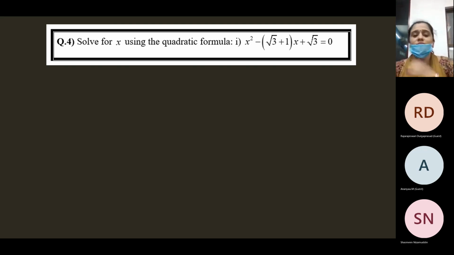What's the value of D? Louder. 1 minus 3 root 3. Okay, we'll have to be a little alert here because D should be a perfect square. If that is root of 1 minus 3 root 3, how will you get rid of the square root?